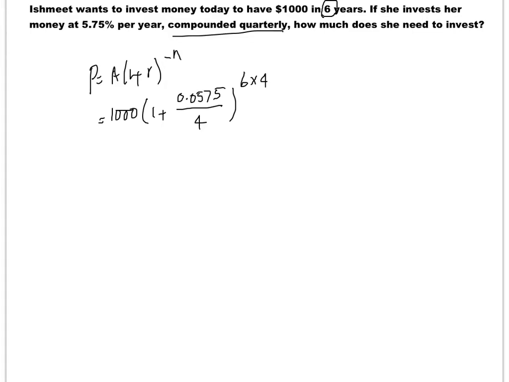By the way, this is negative 6 times 4 because the exponent is negative N. If you simplify this, you get 709.96. So this means that if Ishmit invests $709.96 today, 6 years from now, she's going to have $1,000 in her bank account.